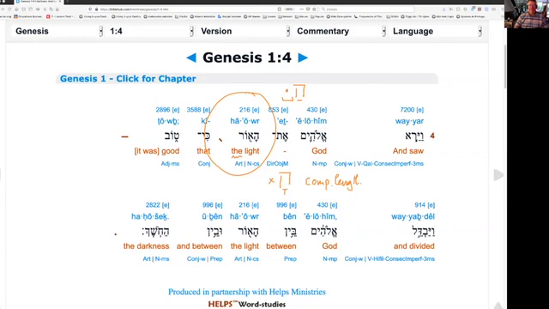That means that the short vowel patach that is normally in the definite article changes to a kametz. So from short to long. It compensates because it cannot double the aleph.